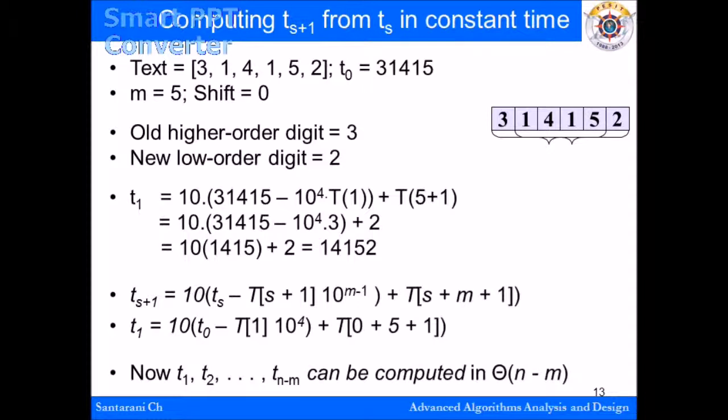So hence t_1 can be summarized from the formula as t_1 equals 10 times (t_0 minus T[1] times 10^(m-1)) plus T[m+1]. Here s is 0, so s plus 1 gives t_1, which is 1 times 10 to the power m minus 1, that is 10 to the power 4, plus T[6], that is 2.